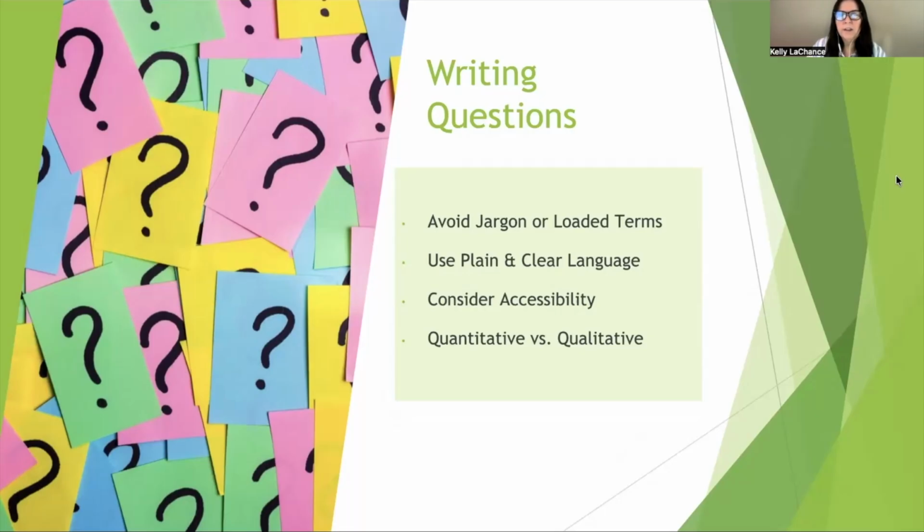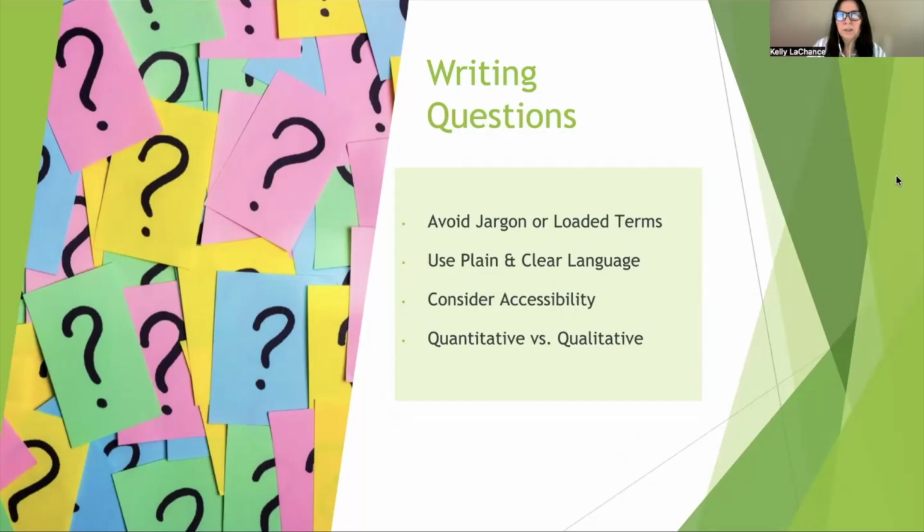And then in writing your questions, you also want to consider what types of questions you want to develop. Either quantitative, where you're just gathering information and numbers that you want to use, versus qualitative, where you're developing open-ended questions and folks will be responding in a text box.